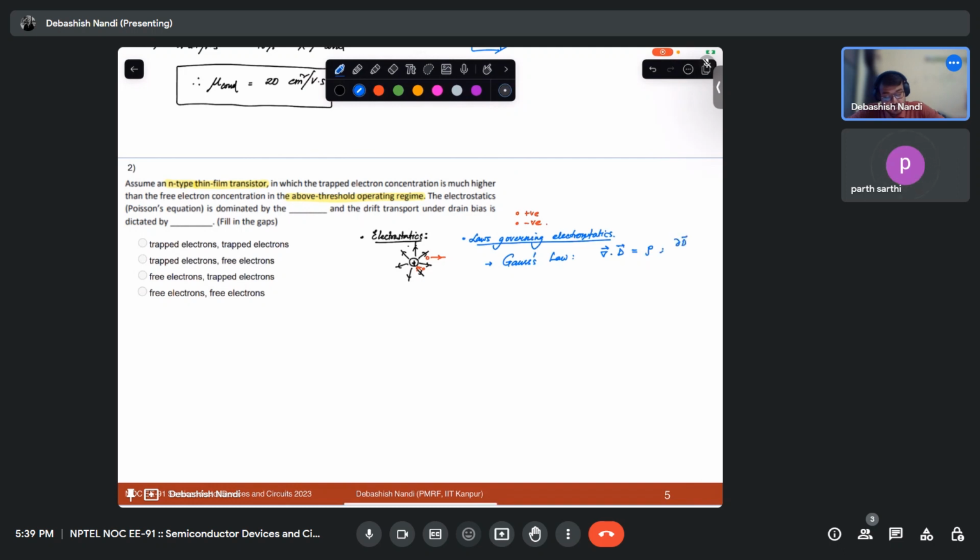In one dimension, it is del dot E is rho over epsilon. A good thing to tell you at this stage: what are the differences between these two laws? Are these two laws always equivalent? That means D equals epsilon E. Is this always equivalent?